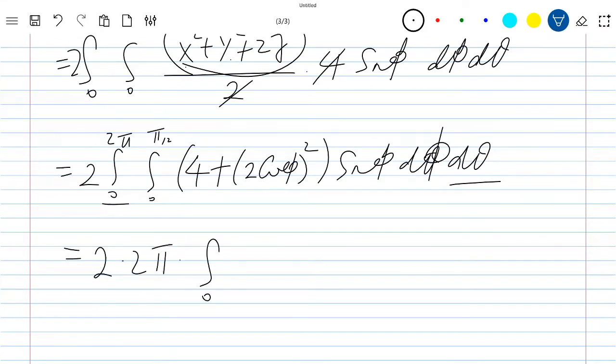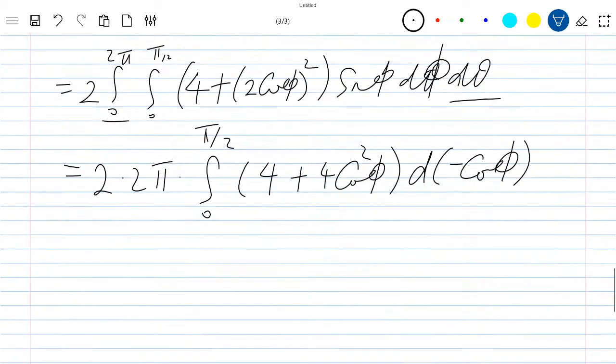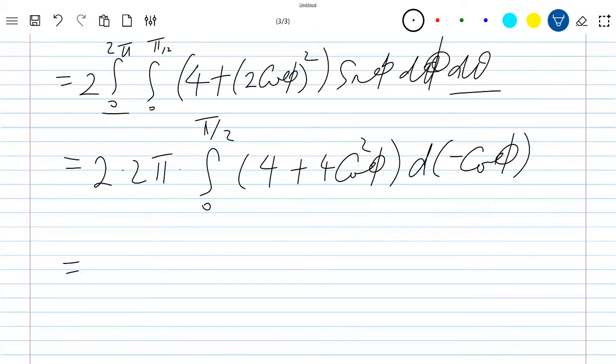And for the phi, we have 4 plus 4 cosine phi squared, and then you can combine them. Then look at the factor of 4, so you have 16 pi. Then the integral will give you, now you have 1. Okay, let me just get rid of the negative sign, put it in front.